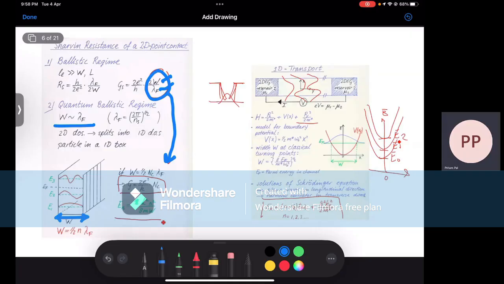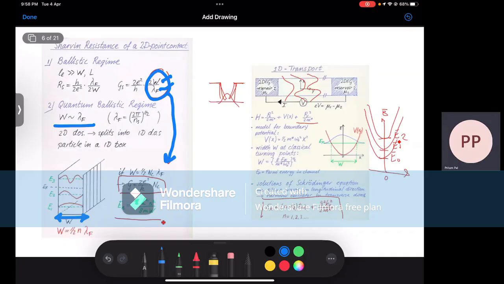Say W is equal to lambda_F, and this is exactly the case.